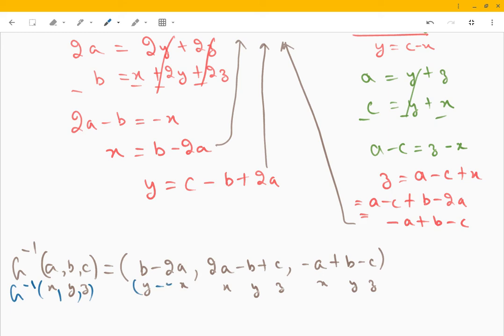In terms of x, y and z, it will be y minus 2x, 2x minus y plus z, and minus x plus y minus z. This will be the inverse transformation. That is how we find the inverse.